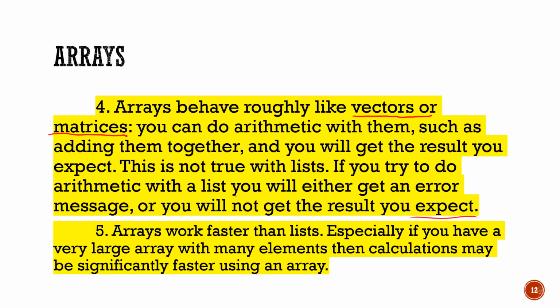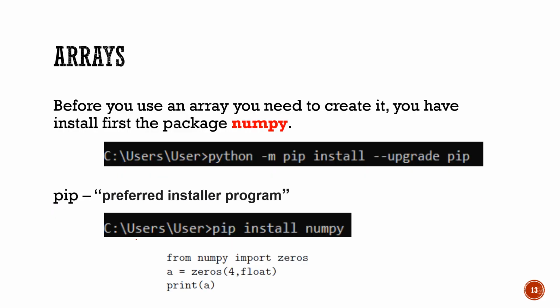And the last one: arrays work faster than lists. If you have n by n dimensions, with many elements, say 1,000 elements inside that list, then using arrays is faster than a list. If you have very large arrays with many elements, the calculation may be significantly faster using an array. So arrays are more useful.